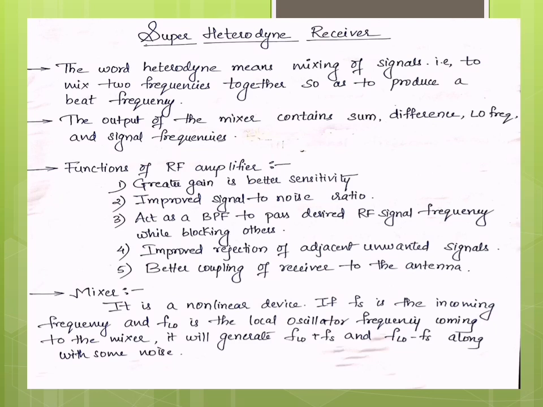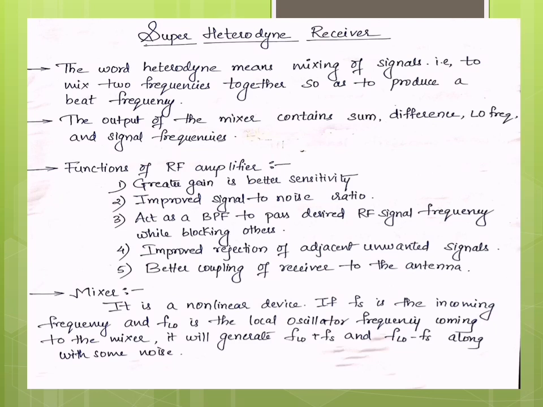We mix these two signals in the mixer and get a beat frequency. What do we mean by beat frequency? That is the sum and difference of these two signals, FLO plus FS or FLO minus FS. Now, second point, the output of the mixer contains the sum, the difference, the local oscillator frequency and the signal frequency.